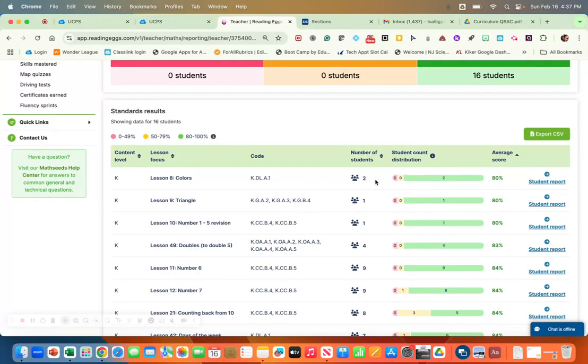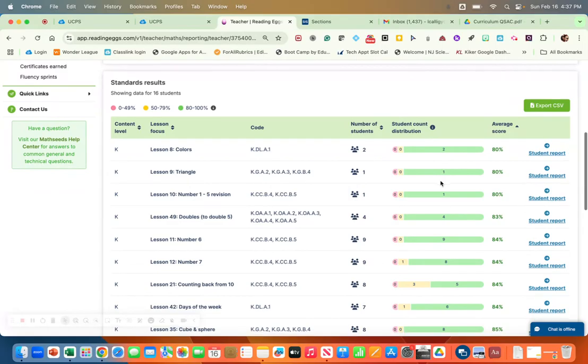You could see here 2 students, and remember, there were 2 students that worked on this standard because when they took the placement test, they fell into the kindergarten content level and they worked on the maps that were related to kindergarten standards, right? So this particular student distribution count, there's only 2 students that took this lesson 8, and 2 of them got 100%, okay?